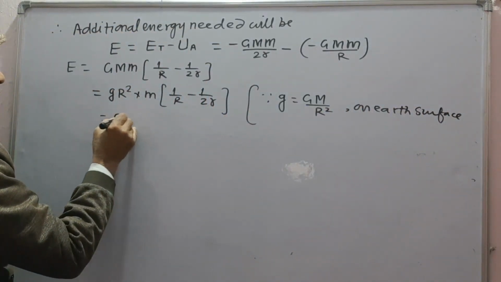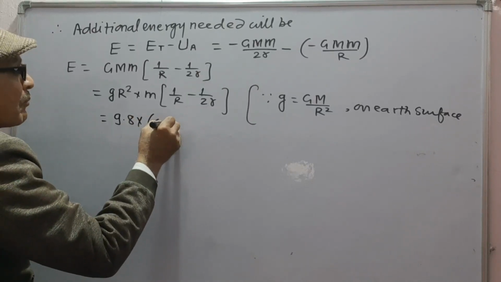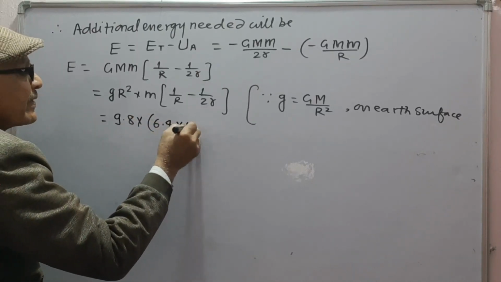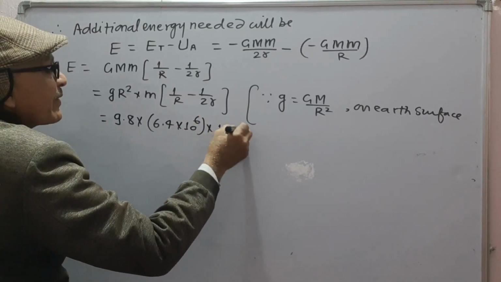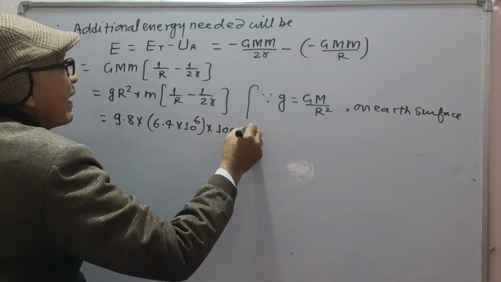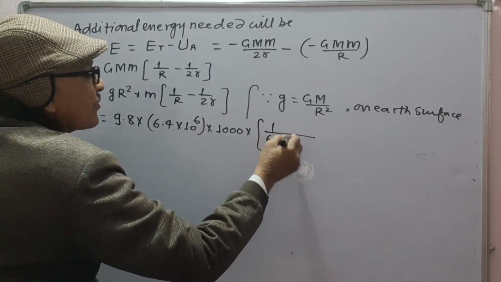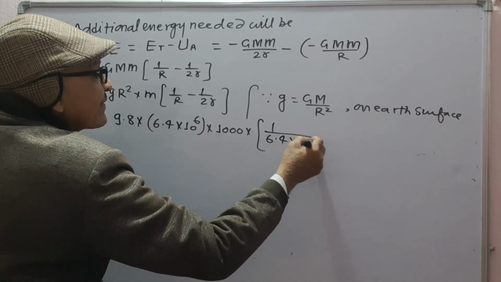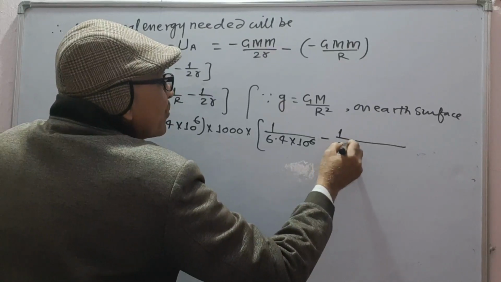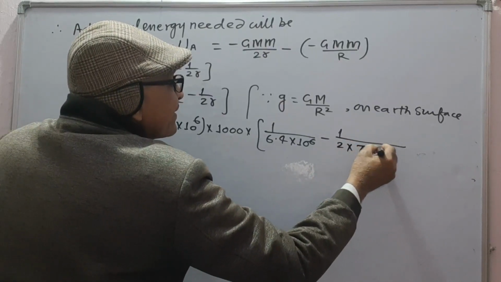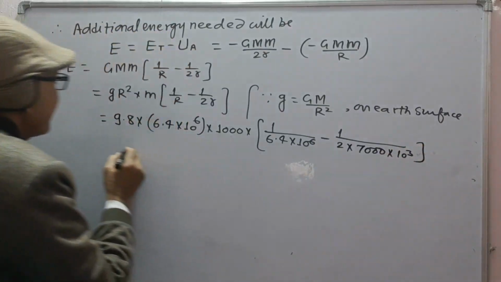Small g is 9.8, R is 6.4 into 10 to power 6, m is 1000, mass of satellite, 1 upon R means 6.4 into 10 to power 6, minus 1 upon 2R means 2 into 7000 kilometers, which is into 10 to power 3 meters.